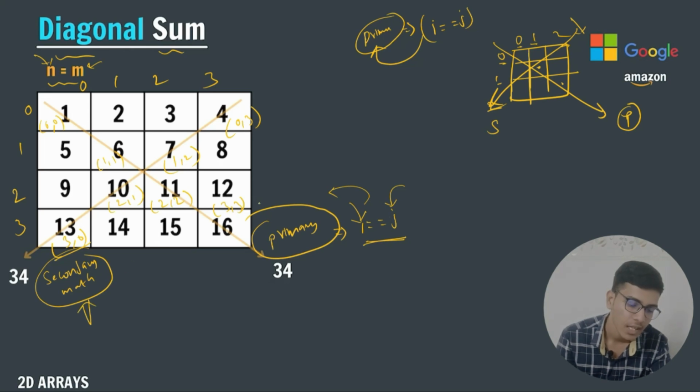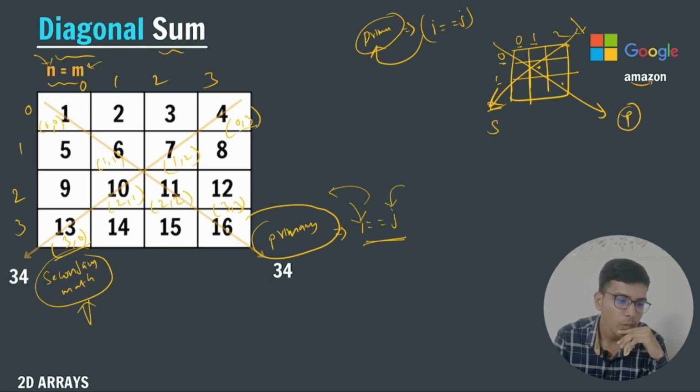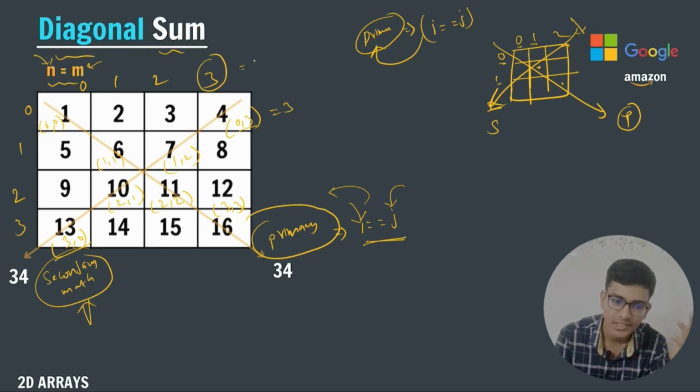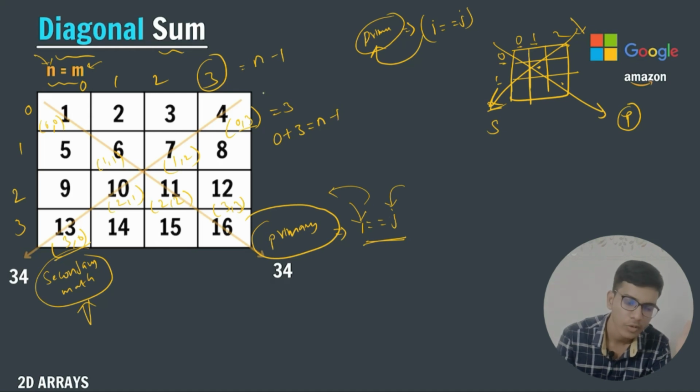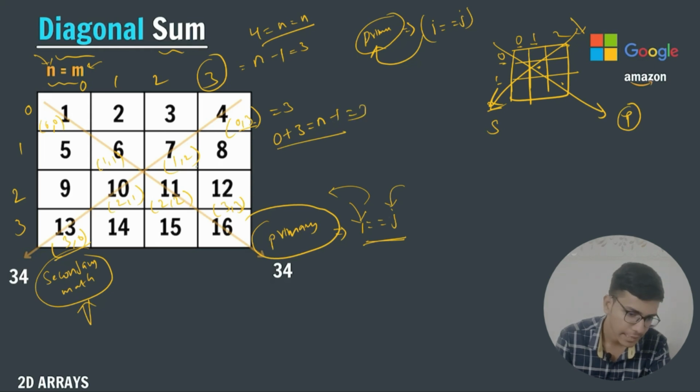For the secondary diagonal, can you observe that 0 plus 3 is equal to 3, and 3 is the number of columns minus 1, that is n minus 1. Here the number of rows and columns is 4, that is n equals m. So 0 plus 3 is equal to 3; after that, 1 plus 2 is equal to 3; 2 plus 1 is also 3; and 3 plus 0 is 3.